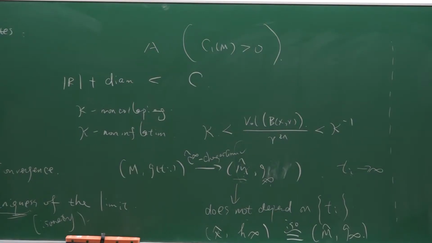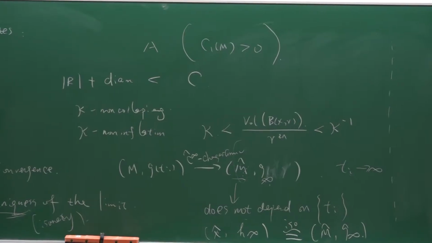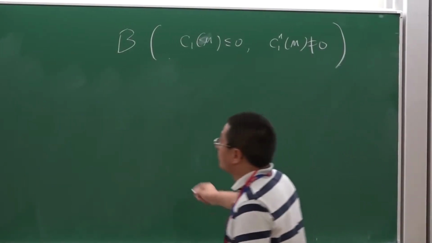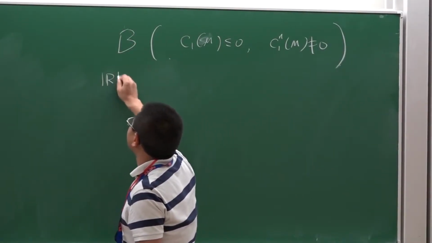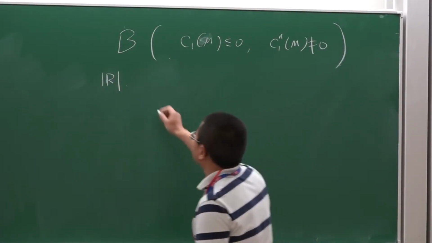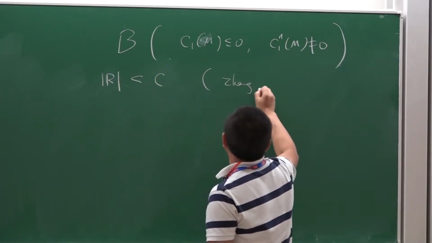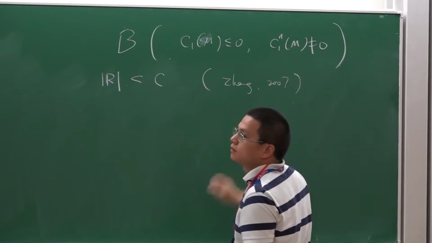Then we consider case B, c_1(M) less or equal to 0. By a different method, it's known that the scalar curvature is bounded. This is by Zhou Zhang, 2007.